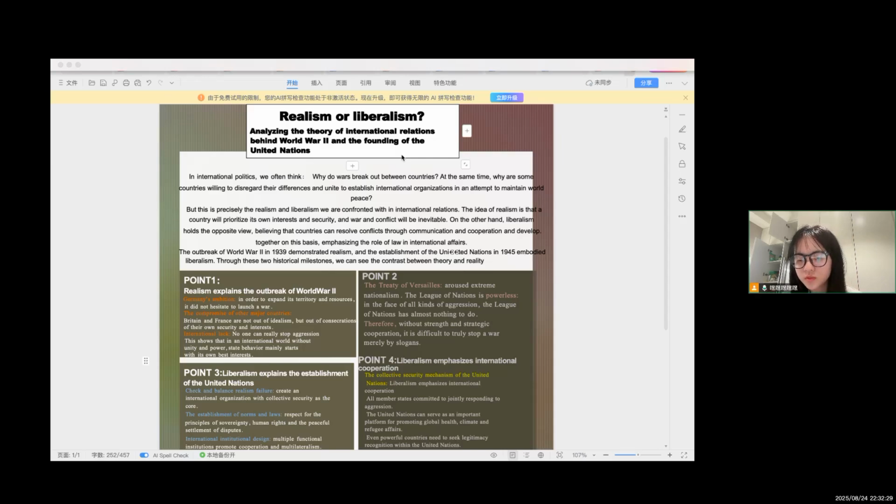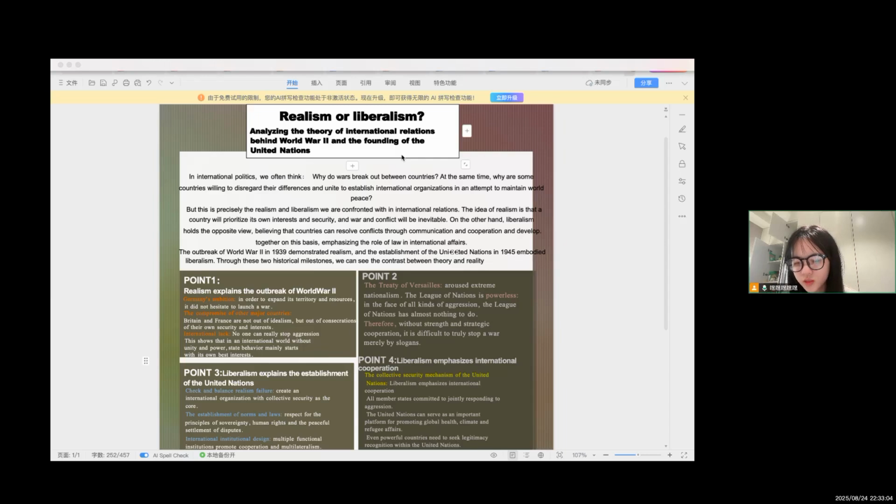Point 1 is realism and World War II. World War II reflects realism. Germany had ambitions to expand territory and resources. It launched the war. Britain and France made decisions not based on idealism but on their own national interests.